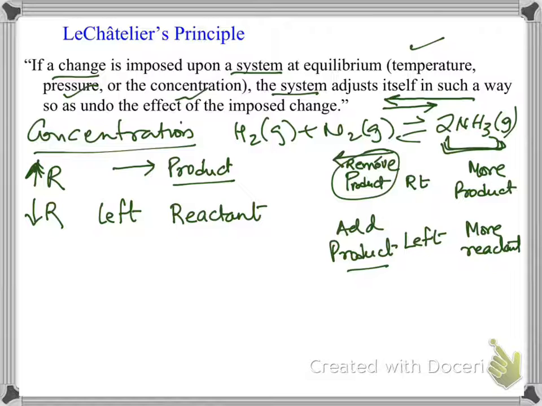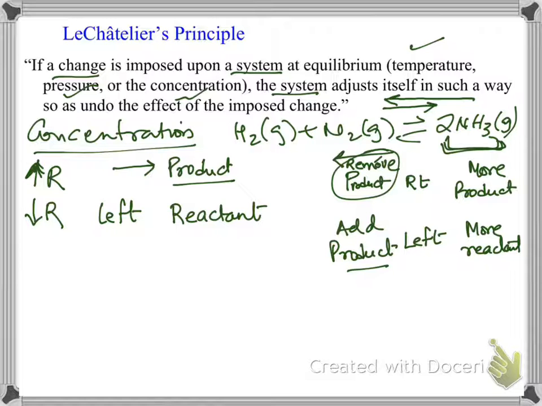Now, the effect of temperature. To study the effect of temperature, the important thing is that you need to know whether your reaction is exothermic or endothermic. That information will be provided to you in the question.